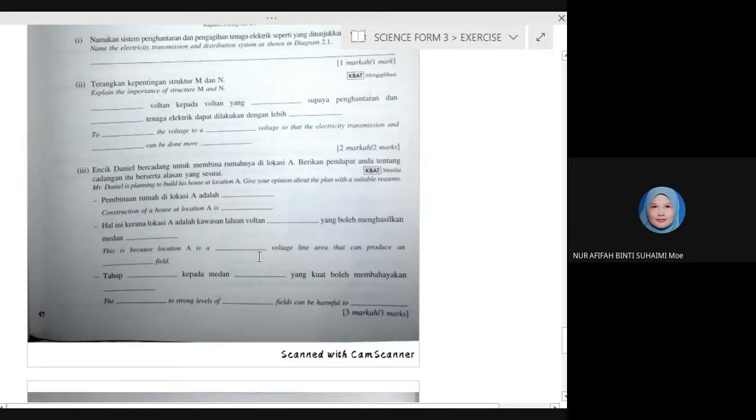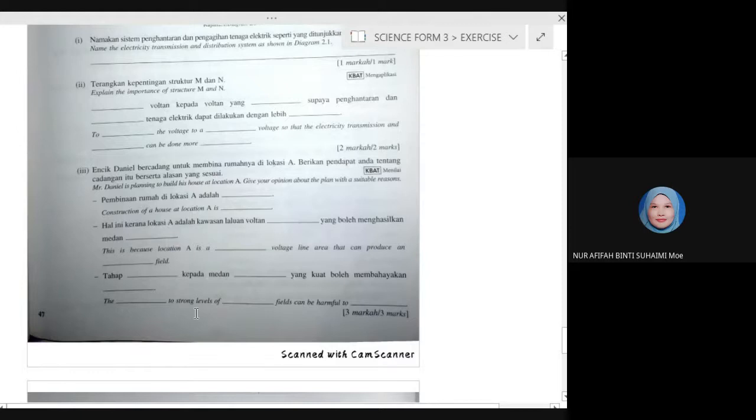Okay. Why? And then explain why. This is because location A is a, is it a high voltage or low voltage? And then what happened? What can produce magnetic field?